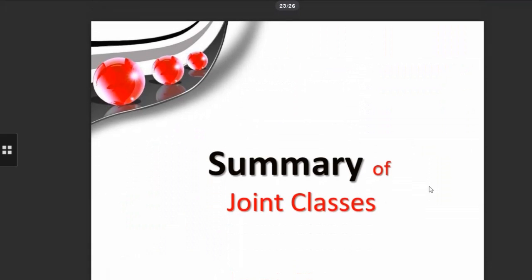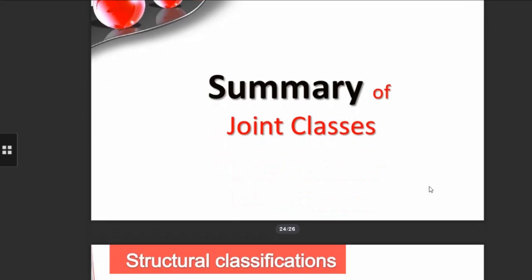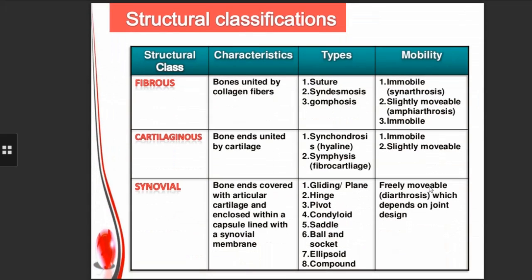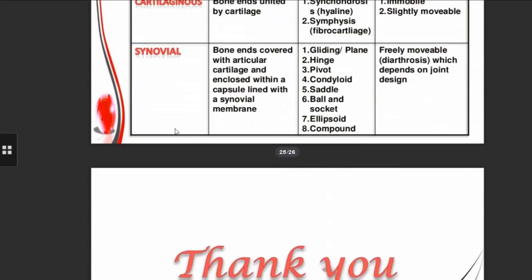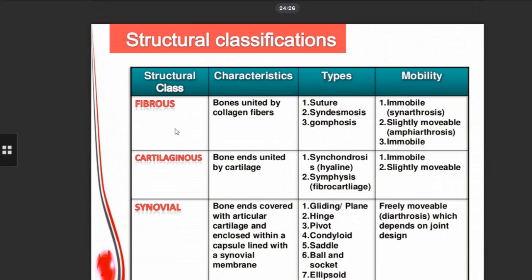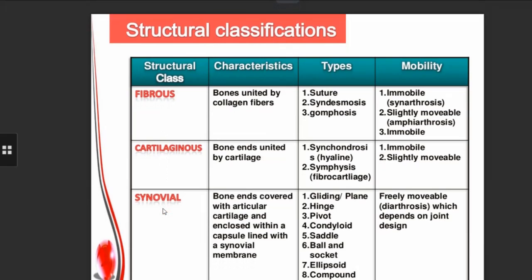Now let's summarize what we have learned so far. Structural classification. We have classified the structure into three categories: fibrous, cartilaginous, and synovial. Fibrous joints are bones united by collagen fibers, as we have discussed earlier.